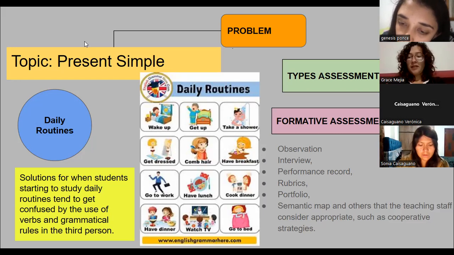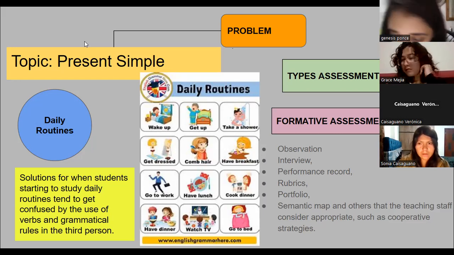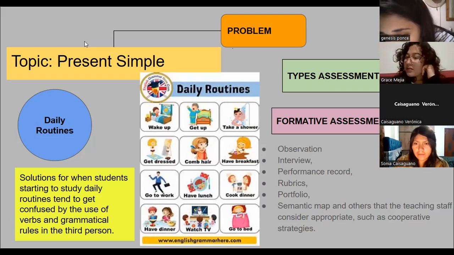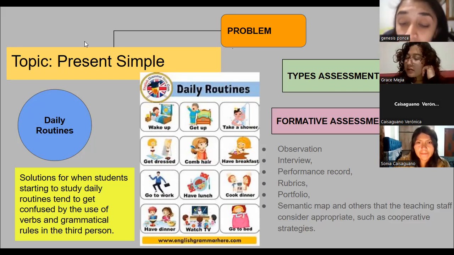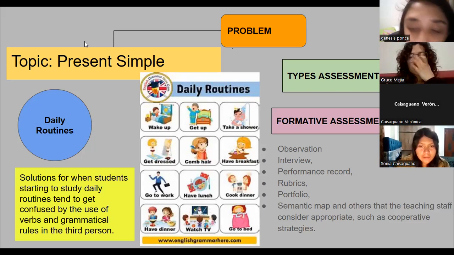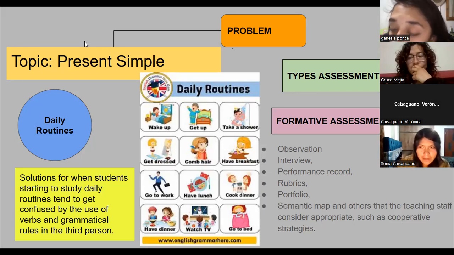That it could be better. Okay, the formative assessment, I consider the observation because you can see the progress of the students. They consider the observation important.